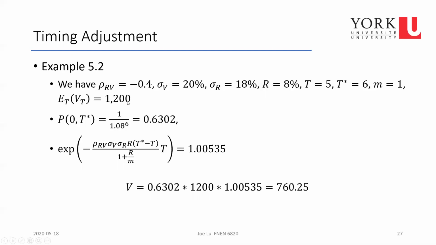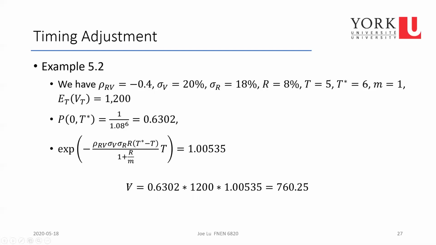Okay, so it's important to recognize what this 1200 is. This 1200 is this particular expectation, but you need a different expectation. So your adjustment factor is put in the expression we derived earlier. Based on this information here, it gives you 1.00535. The discount over 6 years is 8% a year over 6 years. It's 0.6302.